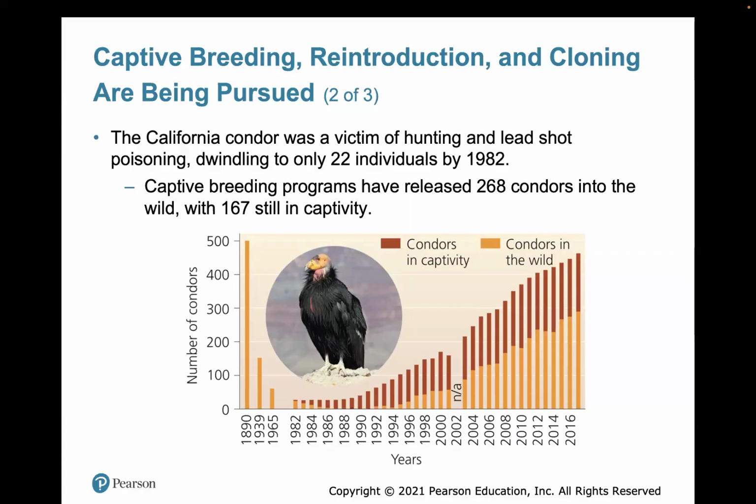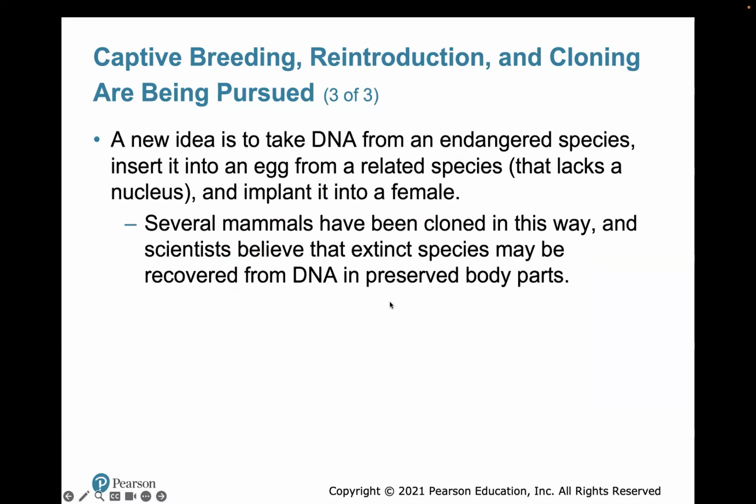Anyways, there were only about 22 individuals remaining of condors by 1982. So they did captive breeding, which was successful, and they were able to increase the number. So look here, it's going up. The red is the condors in captivity, and the orange is condors in the wild, but the numbers have gone up.